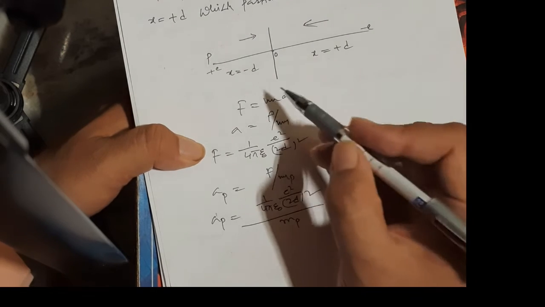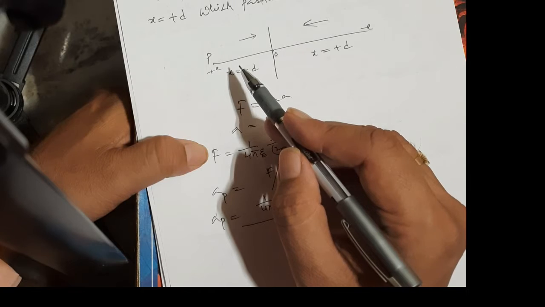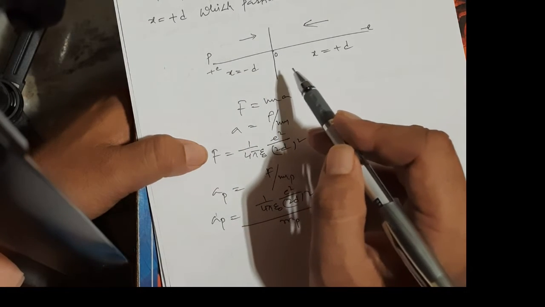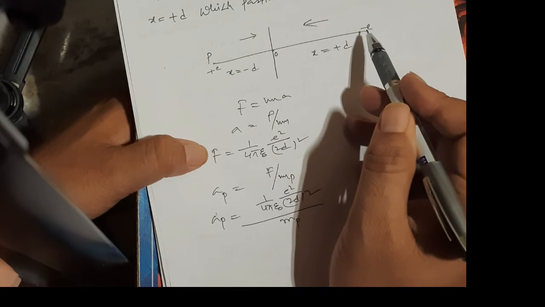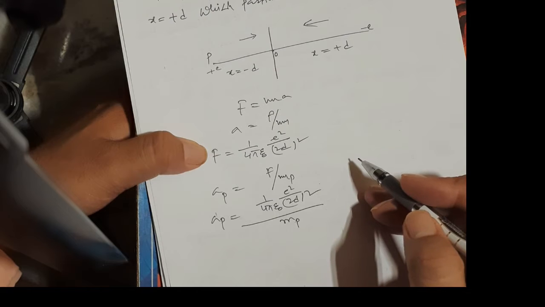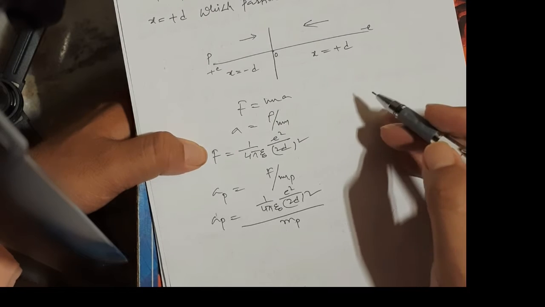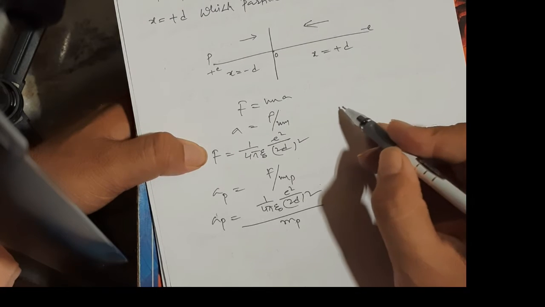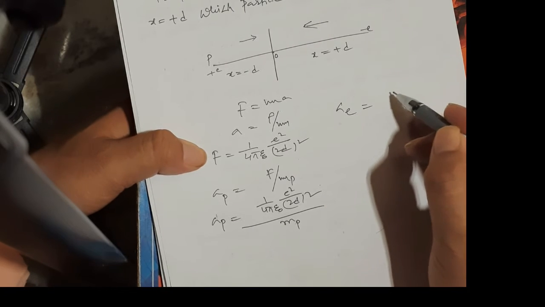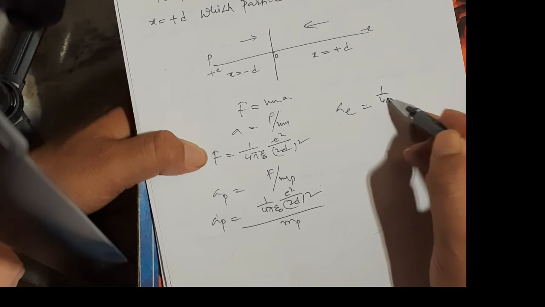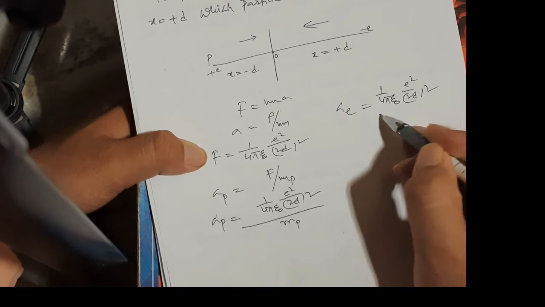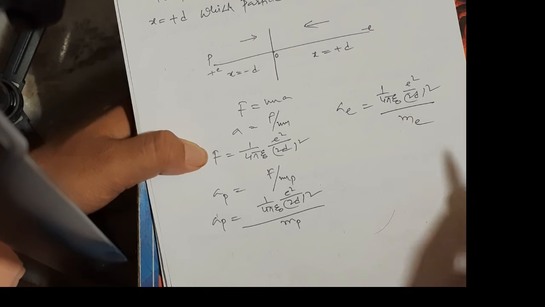The force acting on the proton is equal to the force acting on the electron by the proton. F is constant. So the acceleration of the electron is equal to 1 by 4 pi epsilon naught e square by 2d whole square, divided by mass of the electron.